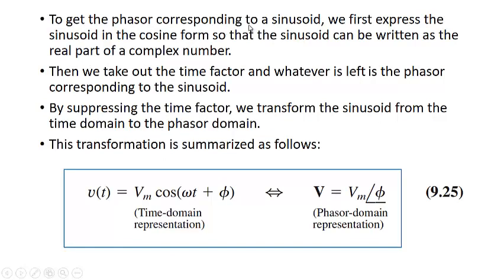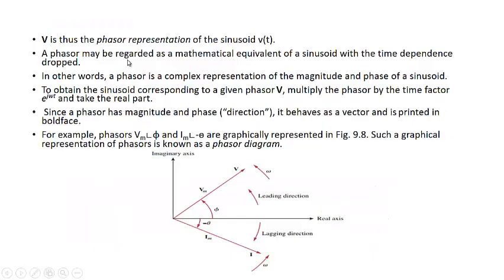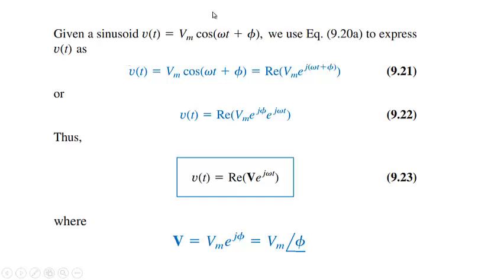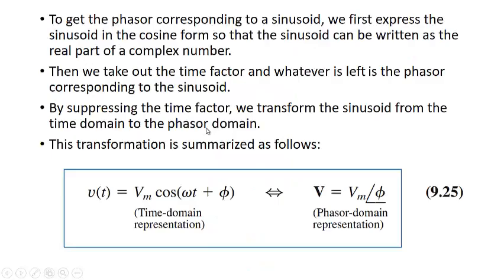Now, to get the phasor corresponding to a sinusoid, what we do is we first express the sinusoid in cosine form, so that the sinusoid can be written as the real part of a complex number. That is like this. We have to write it in this form. Then we take out the time factor, and whatever is left is the phasor corresponding to the sinusoid.